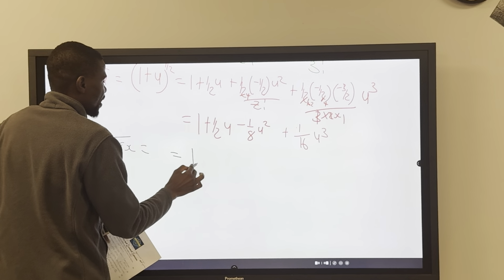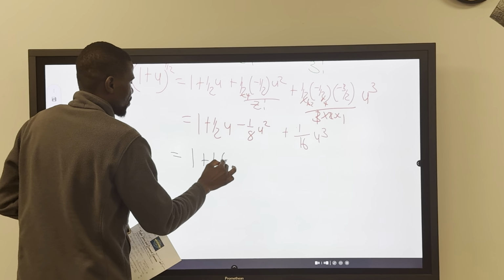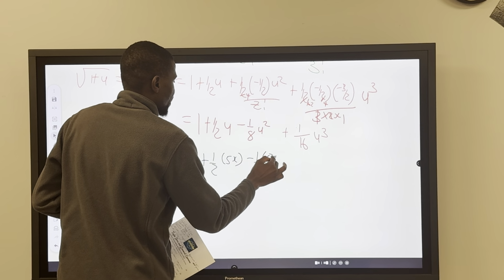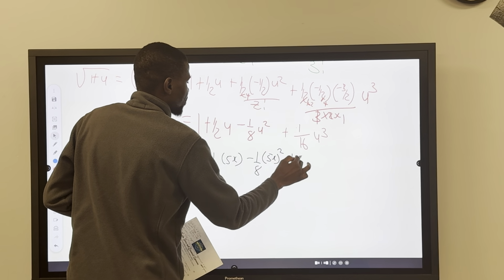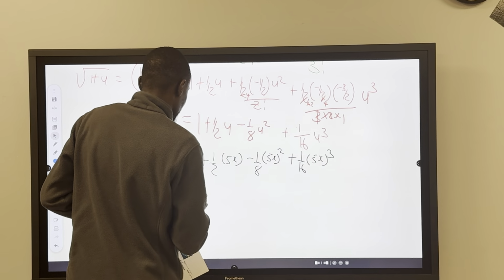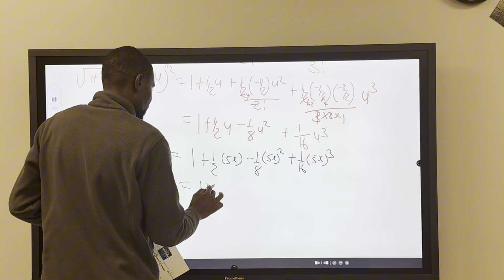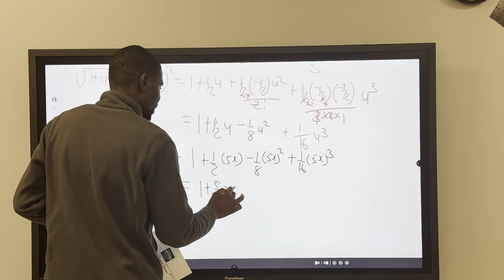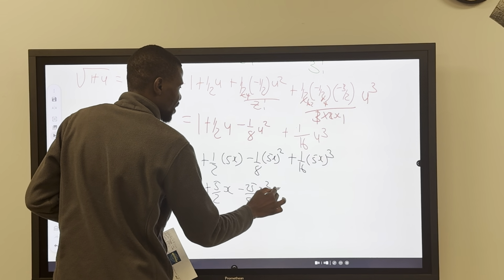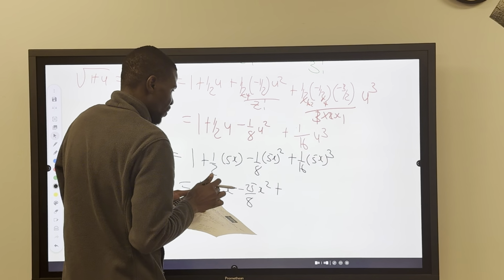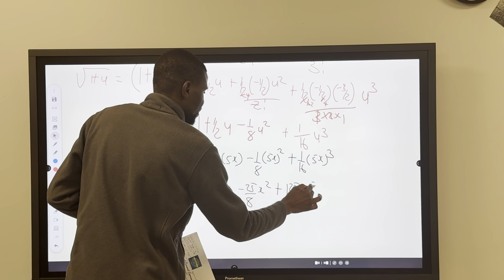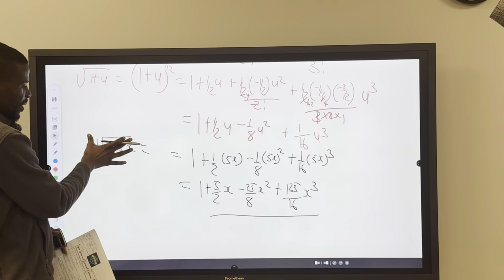So it's going to be 1 plus 1 over 2 5x minus 1 over 8 5x squared plus 1 over 16 5x cubed. So here it's 1 plus 5 over 2x minus 25 over 8x squared plus 125 over 16x cubed. So we are done with this.